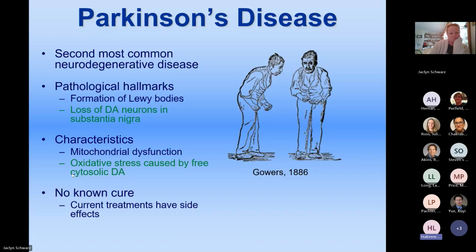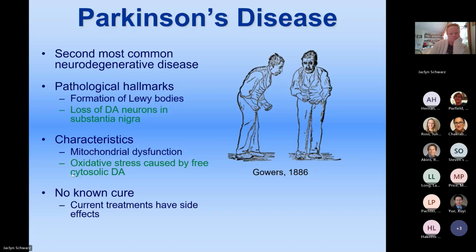And then it's necessary to also point out that mitochondrial dysfunction and oxidative stress caused by free cytosolic dopamine are key characteristics of Parkinson's disease. There is no known cure. And I think for many people who suffer from the disease and their families, this remains really the point that people want to get to when you talk about the study of the disease.